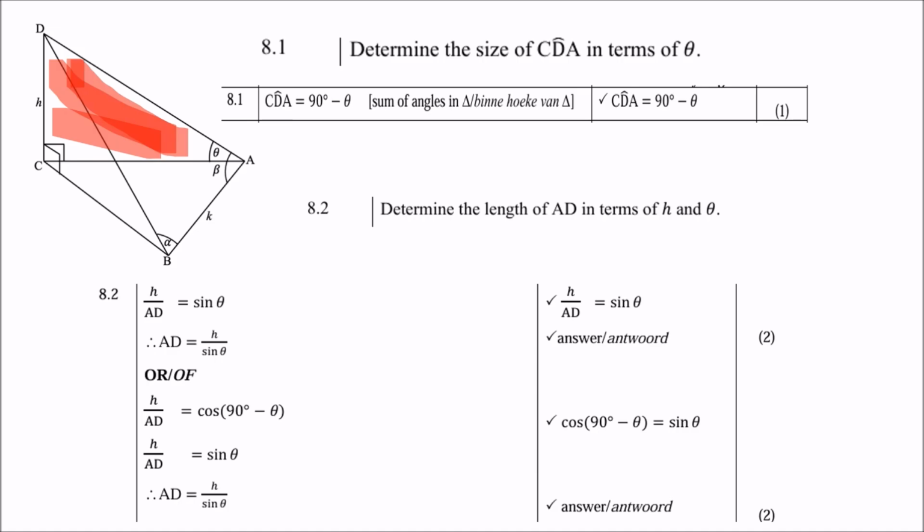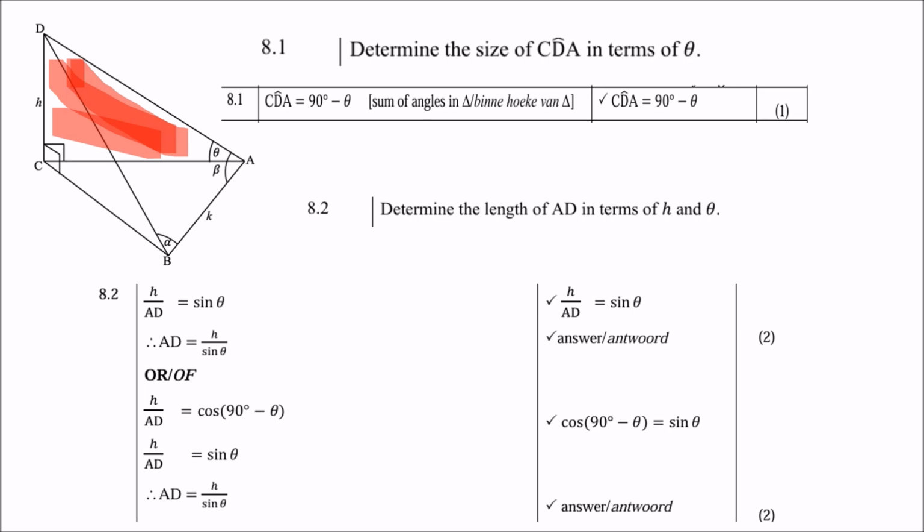Then 8.2, determine the length of AB in terms of H and theta. Now look where is H, look where is theta, and look where is AD. It's still part of that very same triangle at the back. So let's use that triangle involving H and theta.